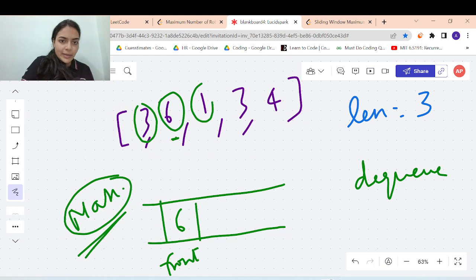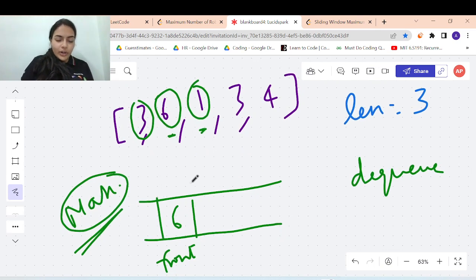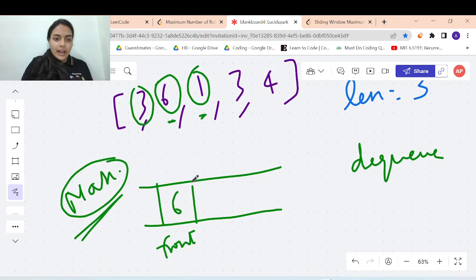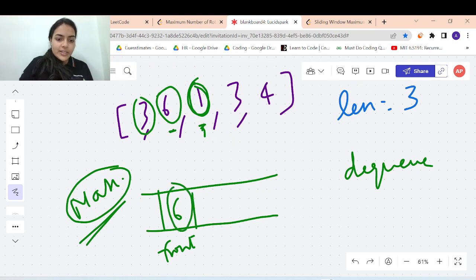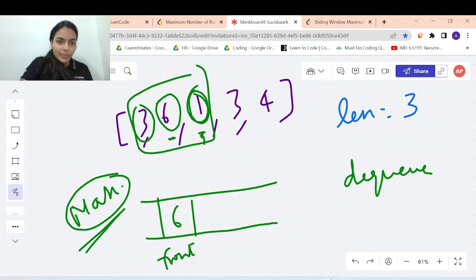Now we see the next element. The next element is 1. Now see, I cannot just ignore this element, because in later future cases, 6 will not always be the answer. 6 is the answer for this subarray, right?